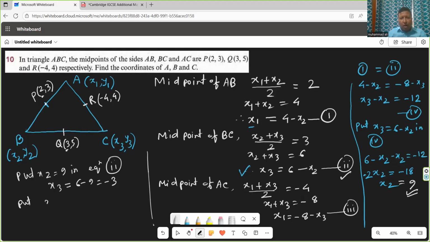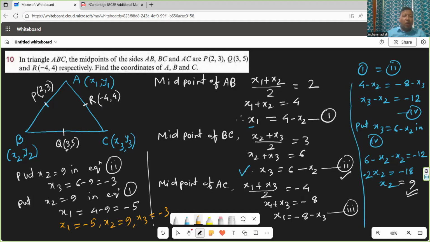Put x2 equals 9 in equation 1. So we'll get here x1 equals 4 minus 9, that means minus 5. So finally, we get x1 equals minus 5, x2 equals 9, and x3 equals minus 3. Now we want to find out the values of y1, y2, y3.